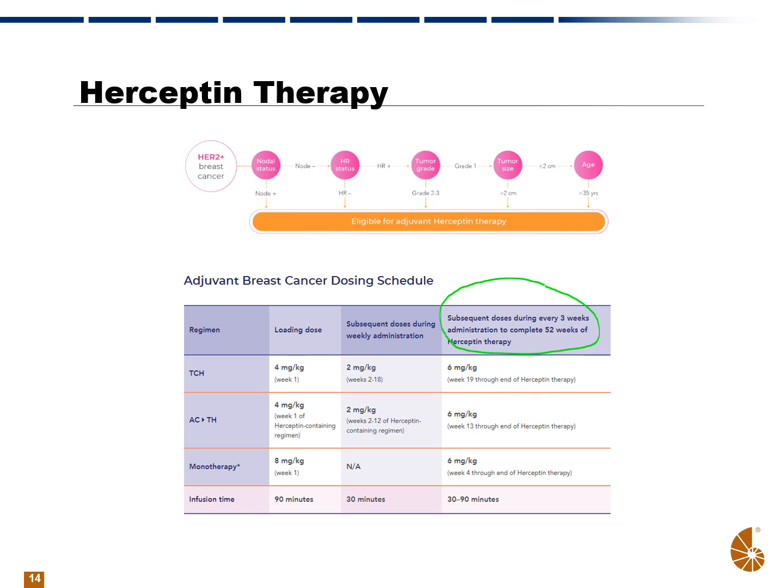So when you see an APS report and you look carefully, you have to kind of dig sometimes to see if the applicant has been treated with Herceptin. Herceptin treatment is usually for 52 weeks, a year. So doses are given every 3 weeks or whatever time period to complete a year's worth of treatment.